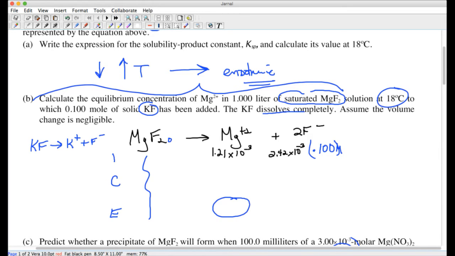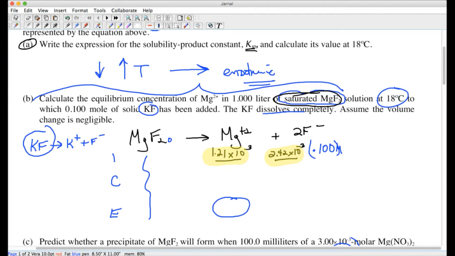This is what we have already in a saturated solution. They said we have this solution. We figured out in A what those values were, and you solve for KSP. I'm not going to go through that unless you want me to. So we already have these initial concentrations, and then we added a common ion.